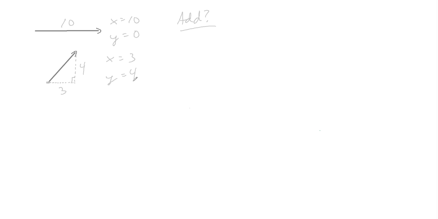All right. Now, what if I want to add them together? Well, it's really simple. I want to know my total x and my total y. I'm going to take my x's, and put them together. I had an x component here, I've got an x component there, I'm just going to put them together. My total x component would be 13. I want my total y component.